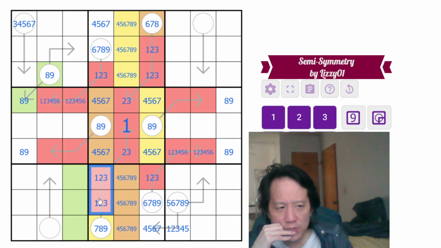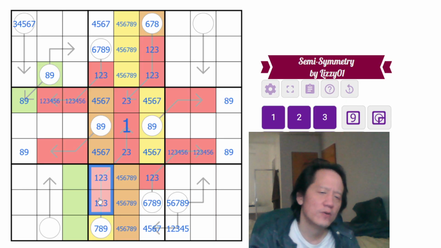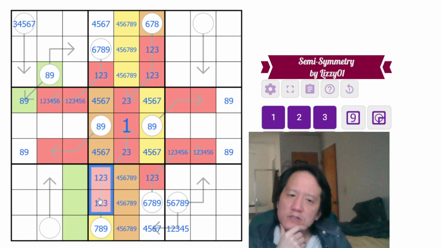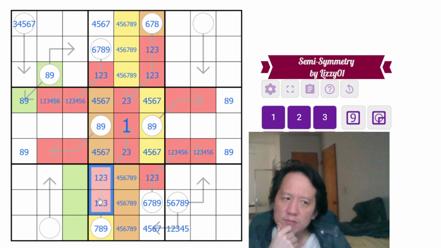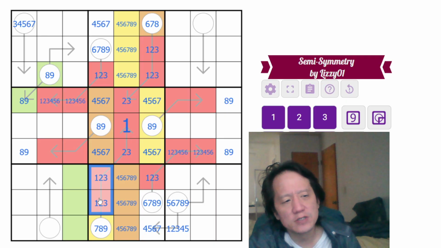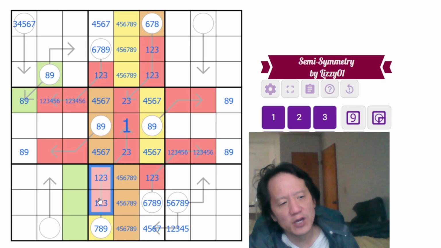Does that really work? I don't think so. Hold up. 12 plus 17 is 29. Oh, because you can't have, yeah, one of them can't be 9, one of them can't be 8.